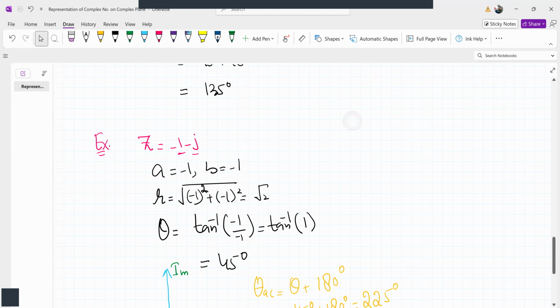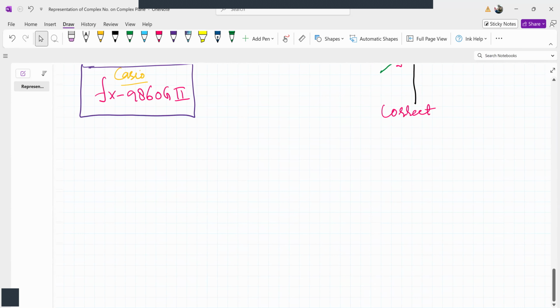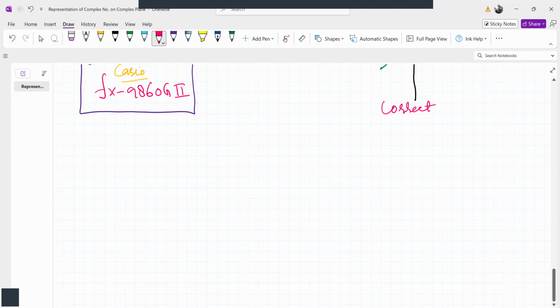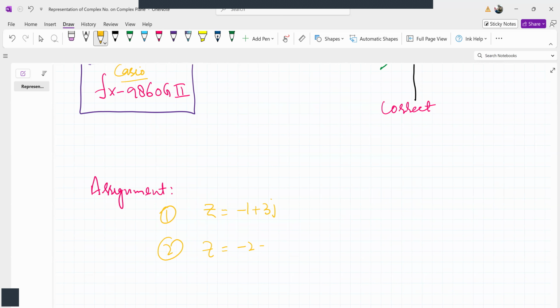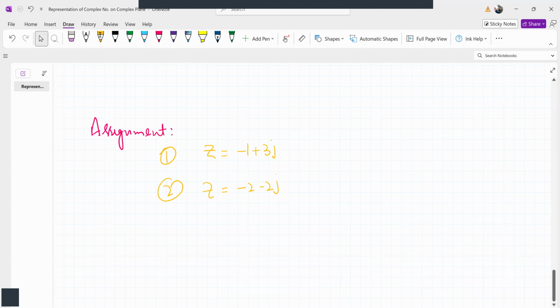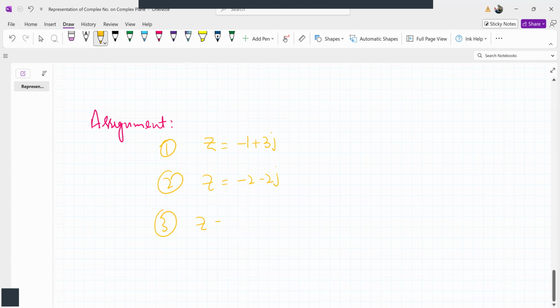I hope you have understood this. Let me write some assignments here so that you solve these examples yourself and understand this concept better. For example, z is -1 plus 3j, the second example is z is -2 minus 2j, and the third example is 2 minus 5j.